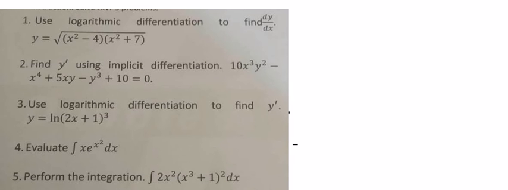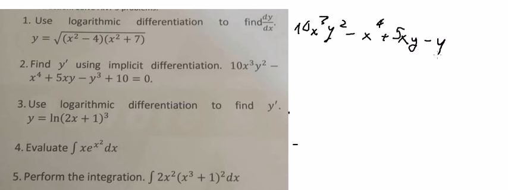Next, number 2. We have 10s to the power of 3 y squared minus s to the power of 4 plus 5sy minus y to the power of 3 plus 10.